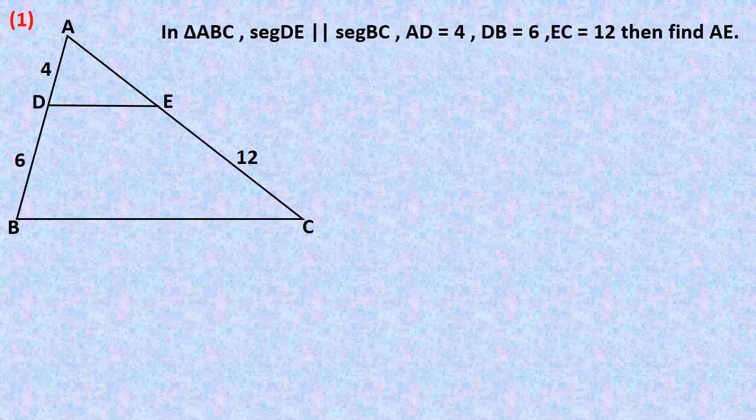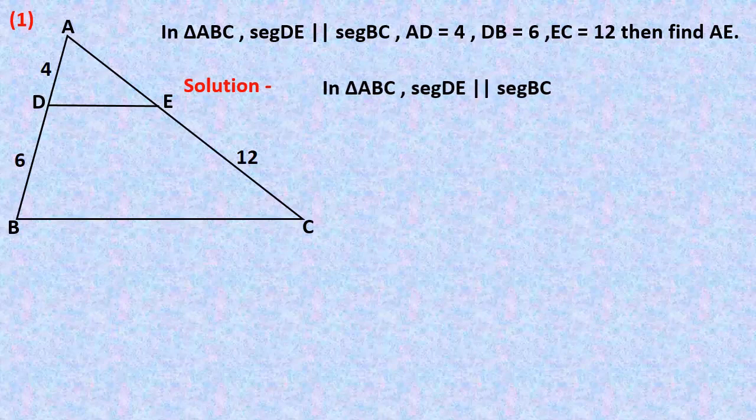Then find AE. Before that, we write the given. In triangle ABC, segment DE is parallel to segment BC. When any segment is parallel to a side of a triangle, we can use which theorem? That is the basic proportionality theorem.